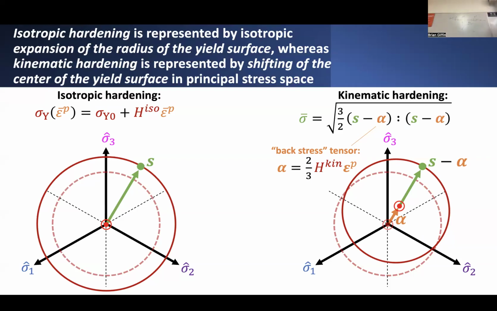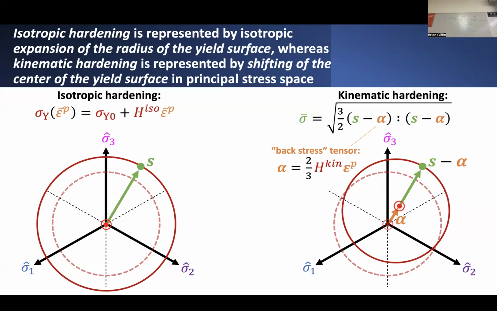So for the back stress tensor, if you are assuming a purely linear relationship between the back stress and the corresponding plastic strain in the material, then you'll get this so-called linear kinematic hardening rule, which basically says that now we can introduce some dependence of our yield constraint directly on the total accumulated plastic strain.